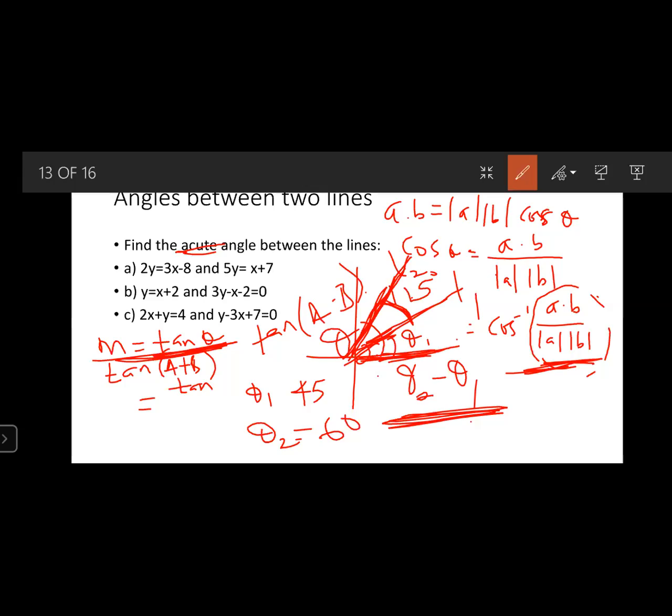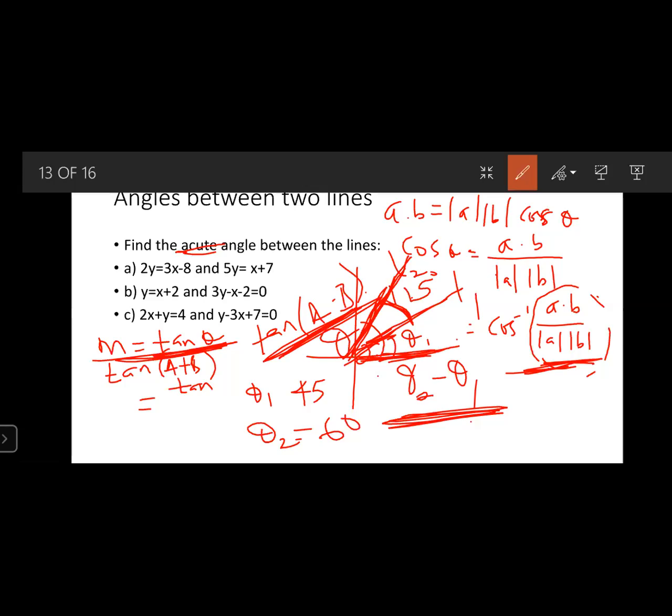Tan A minus B is the same thing as tan of theta 2 minus theta 1. I think I need to go to the next slide to explain it better.